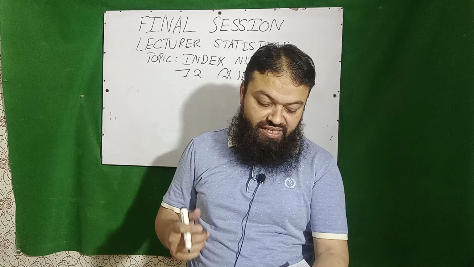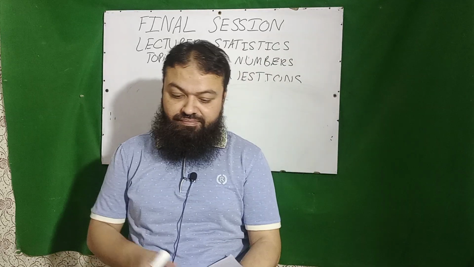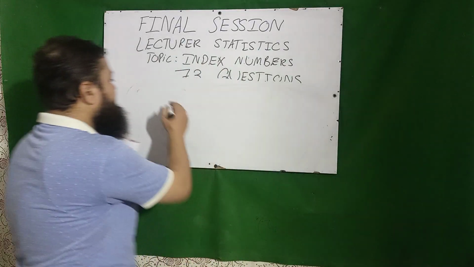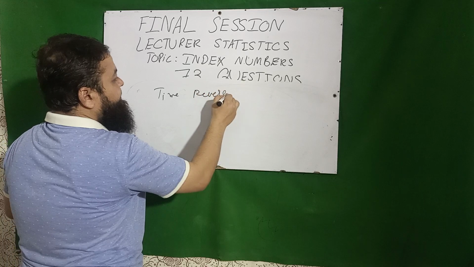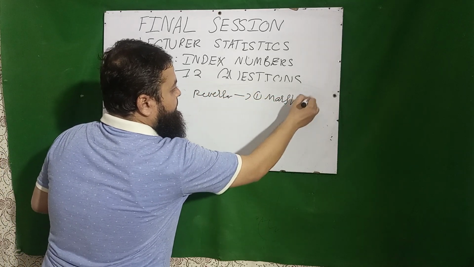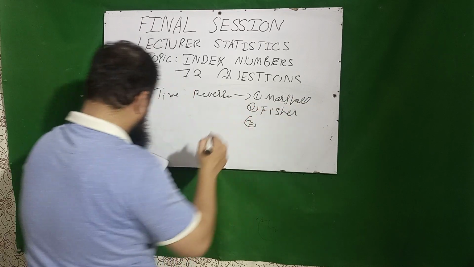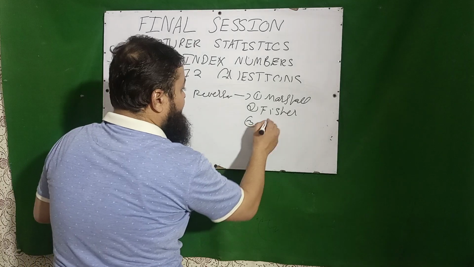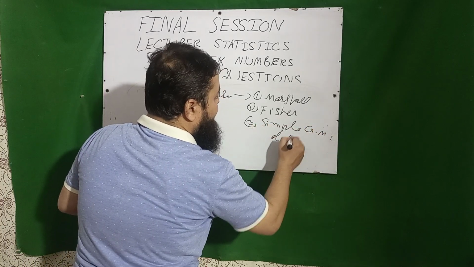Next, time reversal test was given by Fisher. Next, time reversal test is satisfied by, as we have discussed, number 1 Marshall, number 2 Fisher, and number 3 simple geometric mean. You can just check by solving simple geometric mean of price relatives.